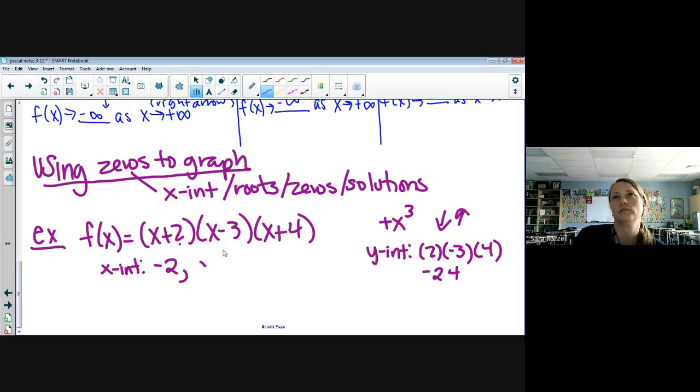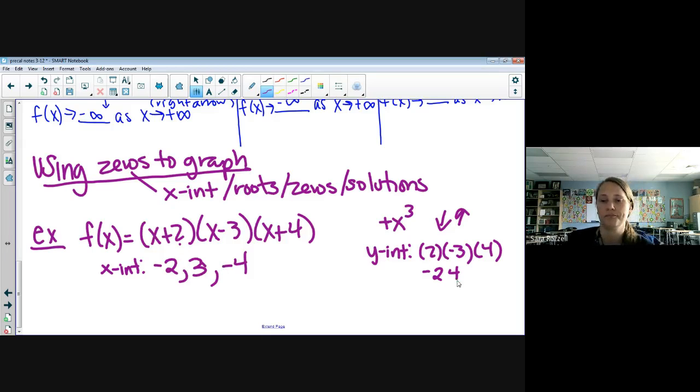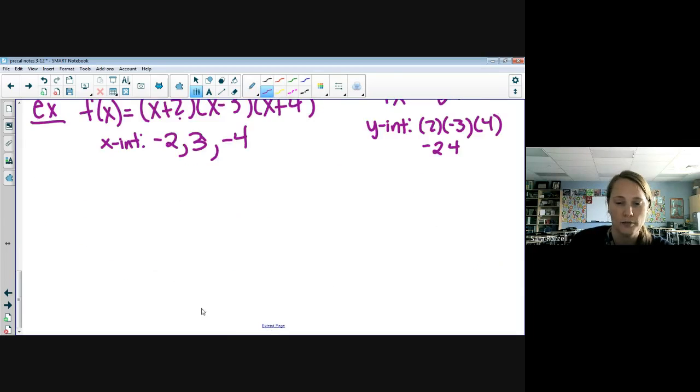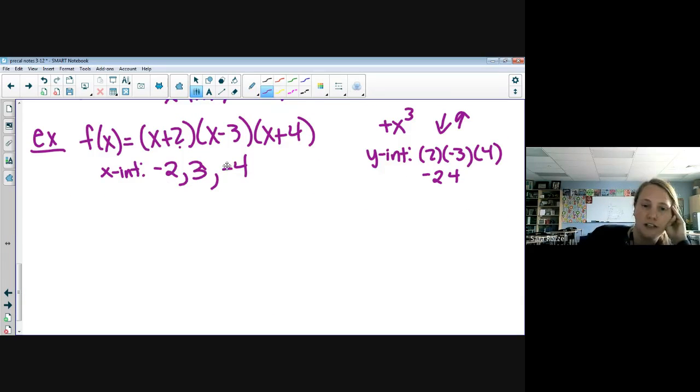What's our next one? +3. And our last one is going to be -4. Okay. So we're going to put all this together on a graph. Since it's just a rough sketch, I think they're a little bit more fun than having to do exact stuff. But I do need these 3 points and the y-intercept and the right arrows.